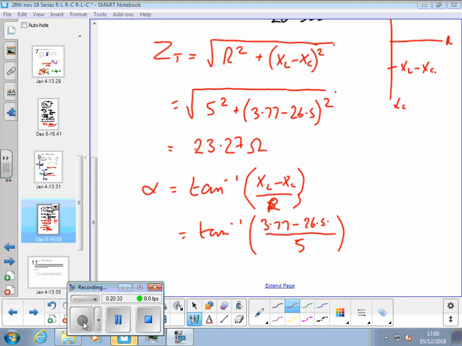Just like we added this inductor into the capacitor circuit we looked at earlier, and we can see what's different now.